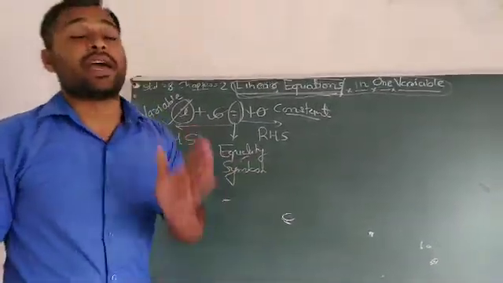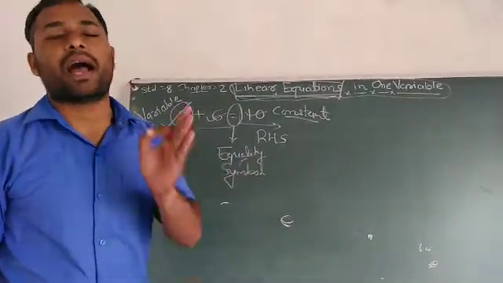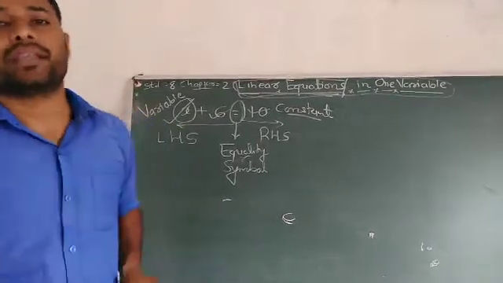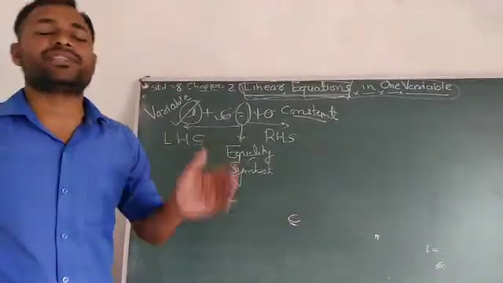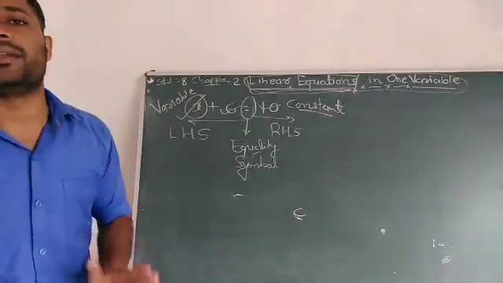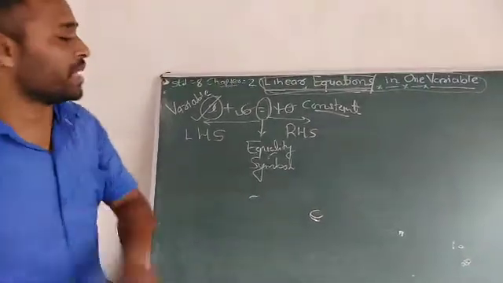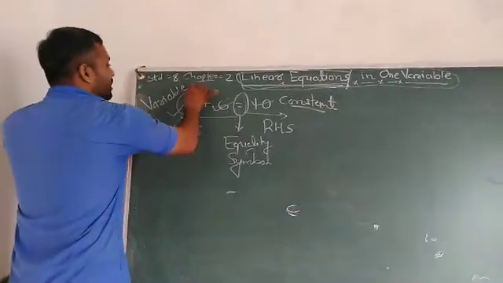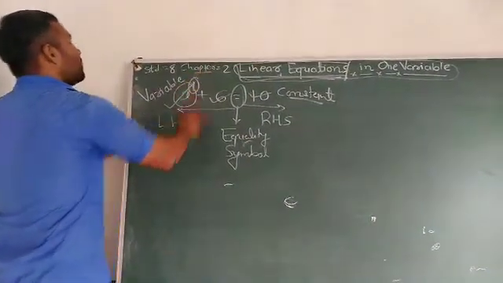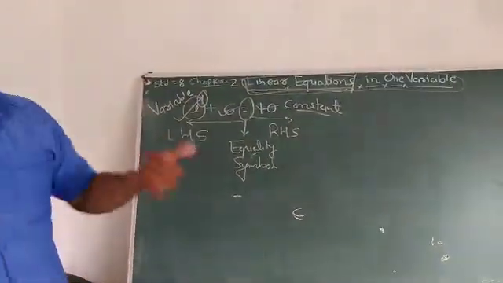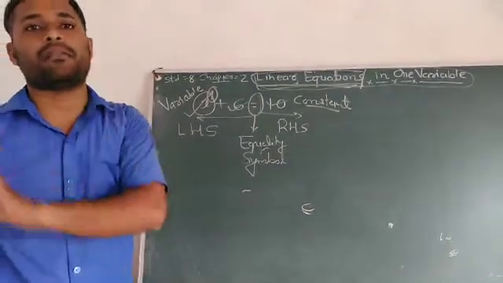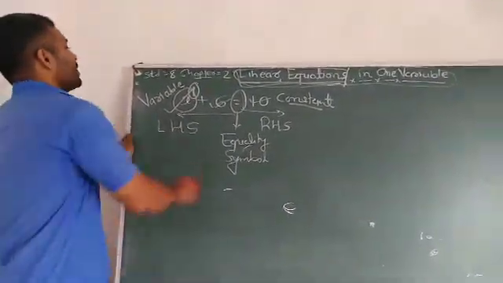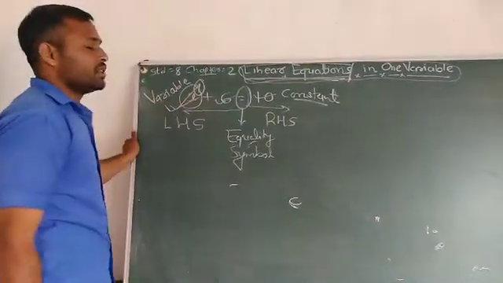If the variable has highest power 1, this type of equation is known as a linear equation. Highest power 1 means x has no visible power, but it means it has power 1. So this equation is known as a linear equation.